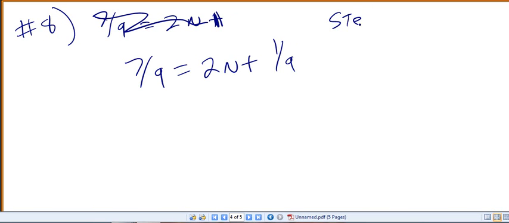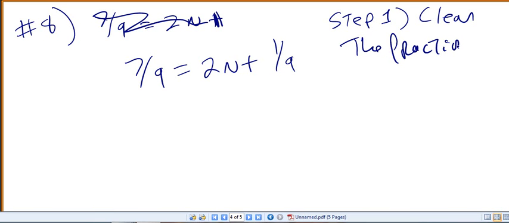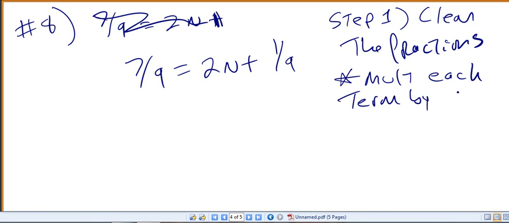So my step 1 is clear the fractions. To do this, I'm going to multiply each term by the LCD, least common denominator.